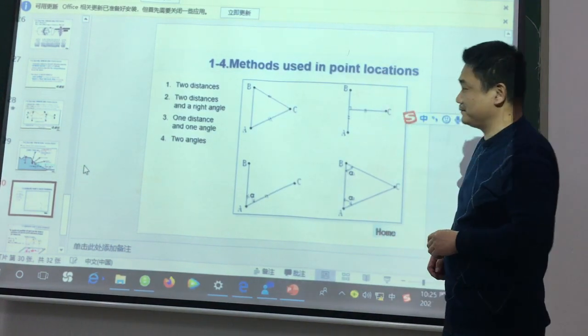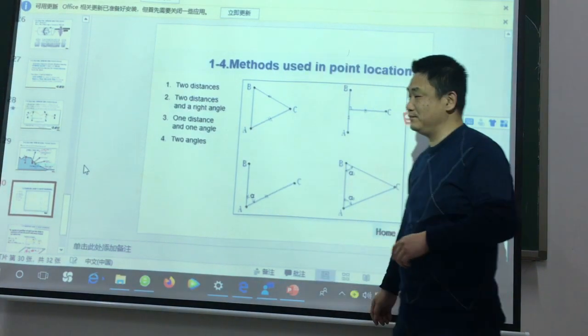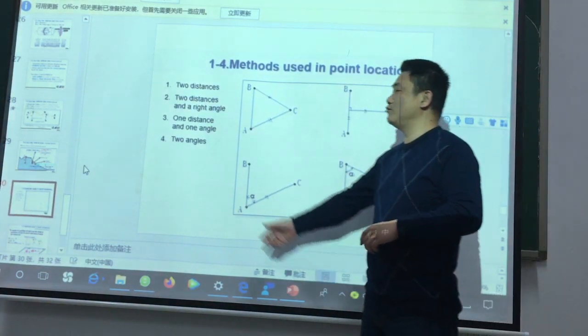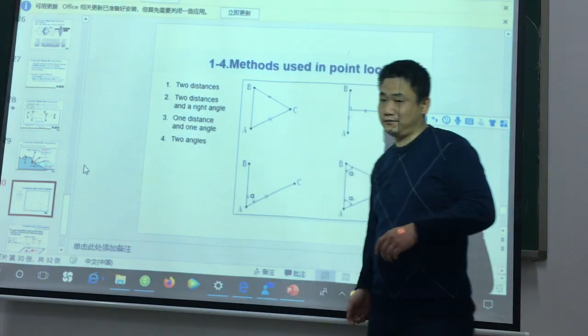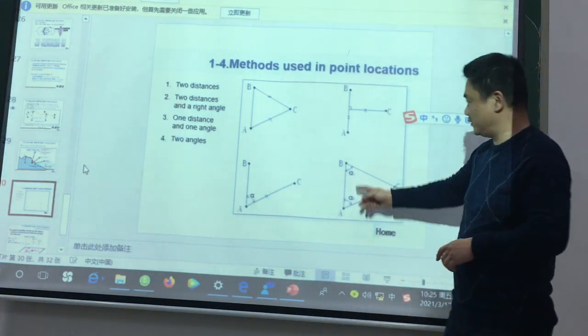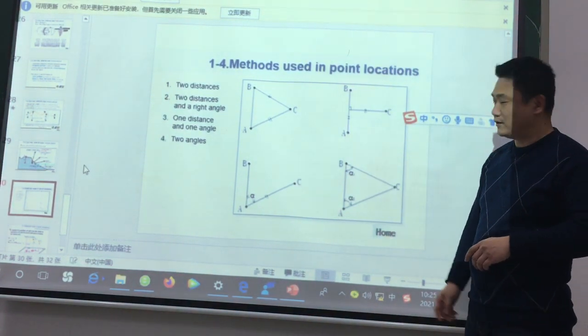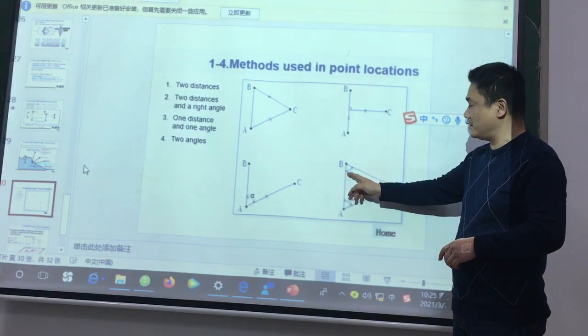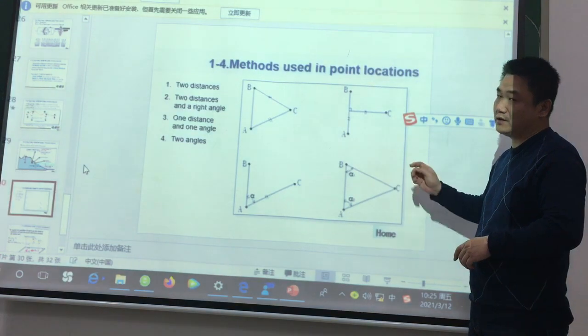And the second, we can use two distances and a right angle. The third is one distance and one angle. And the fourth is two angles. For example, for two angles, A and B, these two points are given. So if we survey alpha 1 and alpha 2, the point C, we can locate it.